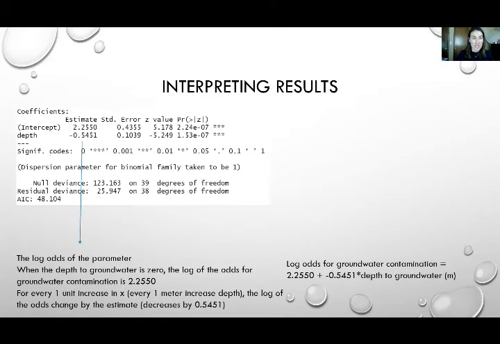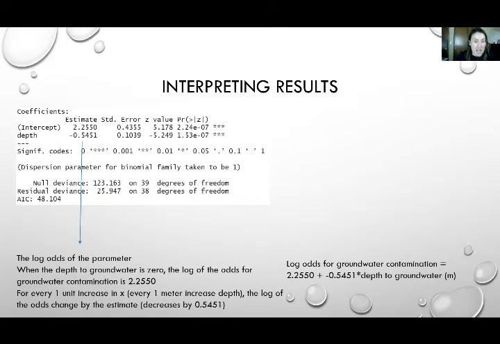You can see first the estimates. We have the intercept estimate and the depth estimate. And I need to remind you that these are the log odds estimates. These are not the odds estimates. You would need to back transform this in order to get the odds and in order to get the probabilities.